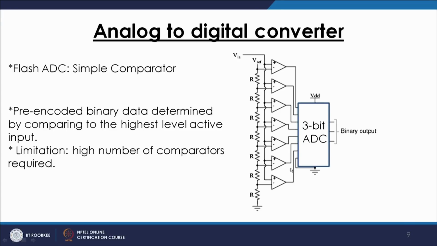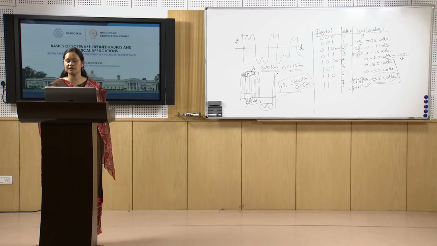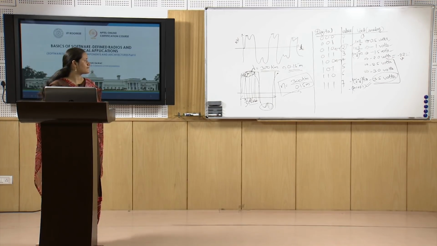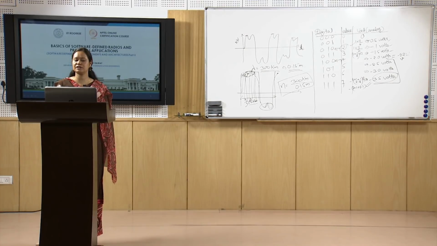So among these 3 values, it will pick the highest one, which is the -2. According to that -2, it has a LUT which will read that it is value 4, and it will output 1, 1, 0, 0, and this will be fed to the digital circuit. So this is how we are able to see the binary output for this analog signal.